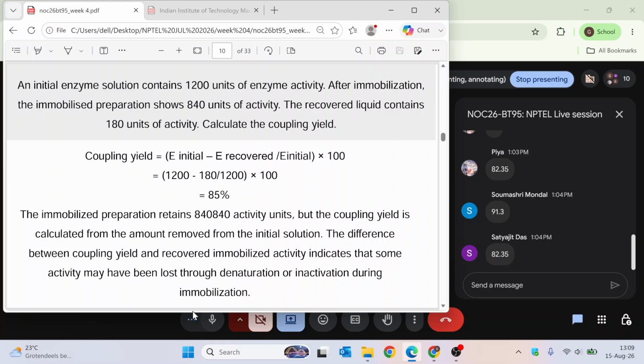So I think that's the immobilization efficiency, and maybe you can recheck that. But coupling yield, what I mean here is how much of that bonding has happened between the enzyme and the matrix.